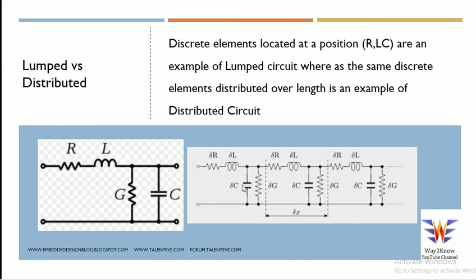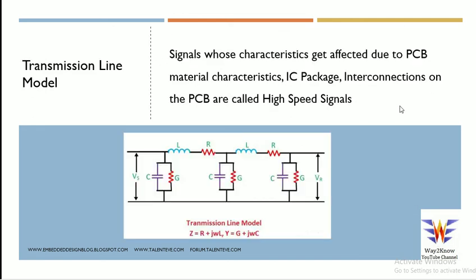That's what you see here. So the example is one section, a second section and a third section. So this is an example of a distributed circuit. Now why do we talk about this lumped and distributed? We'll see in the next slides.